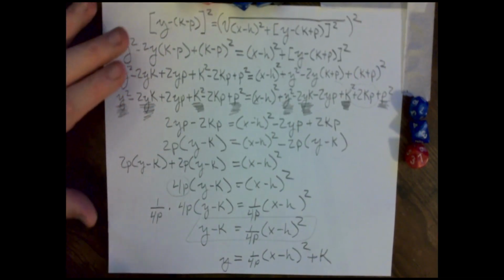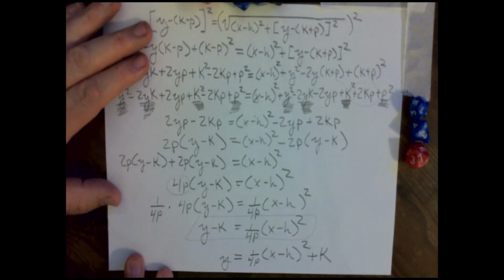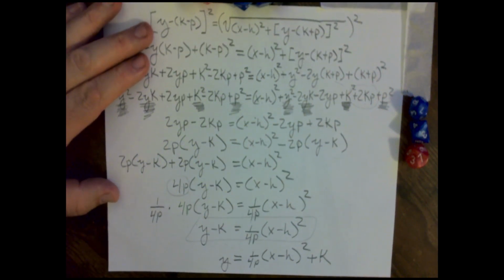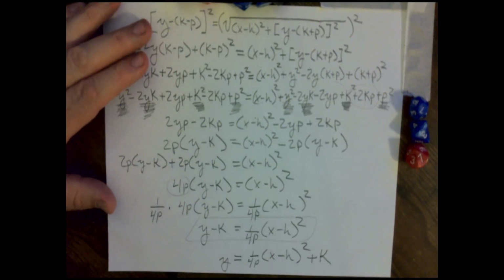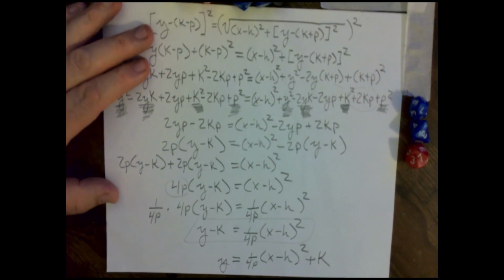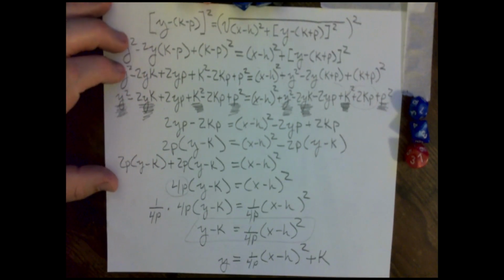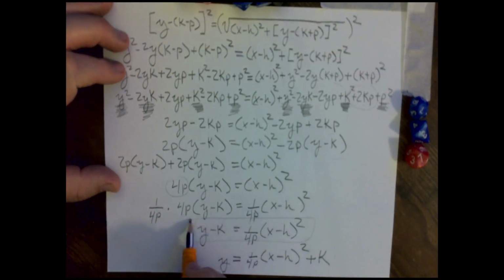Oops, I was writing off the page. So that's the general equation for a parabola, the vertex form. This is the most friendly form, the form with h, k.